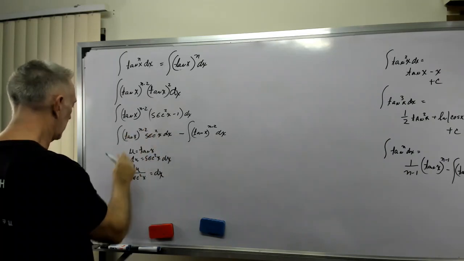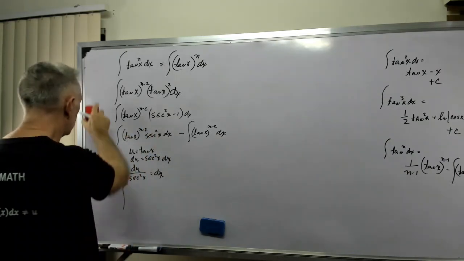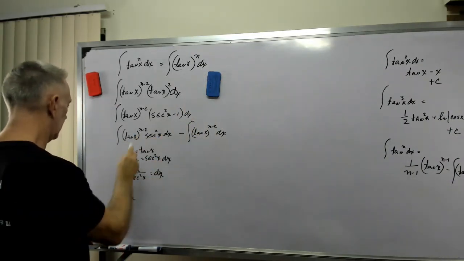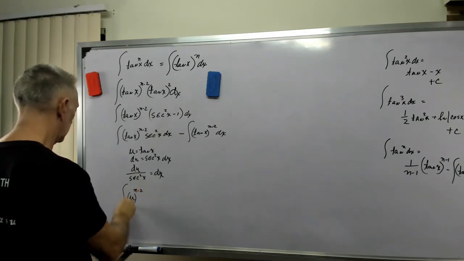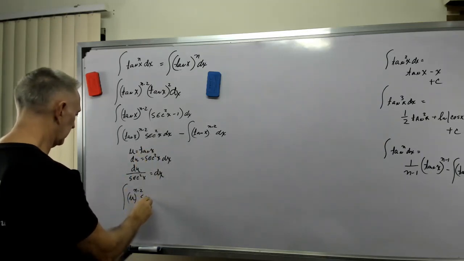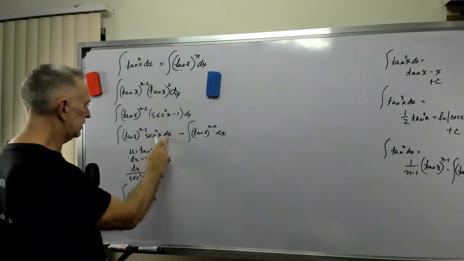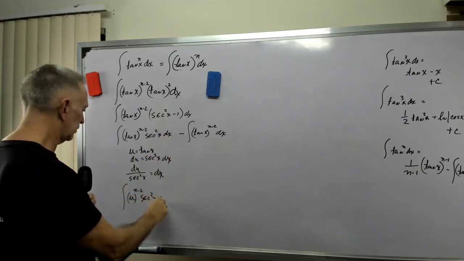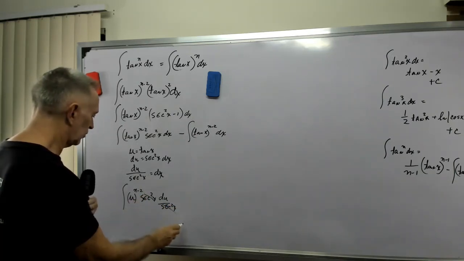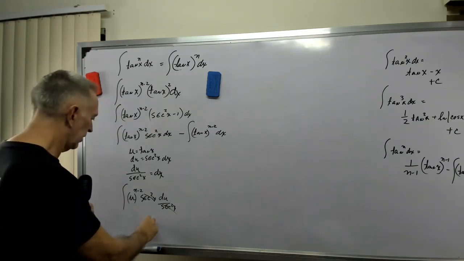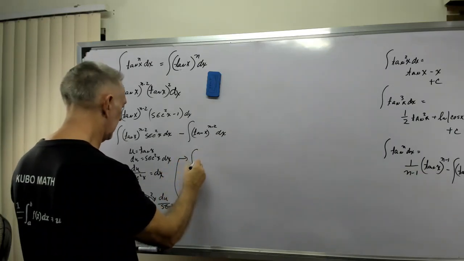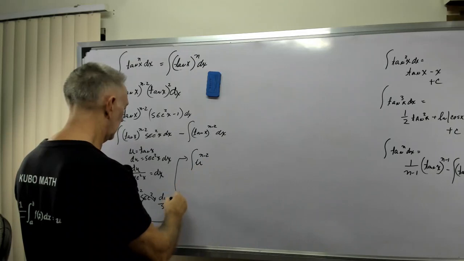So if we go back up to our integral here, now we would have the integral of u to the n minus 2, and we still have secant squared x, and then we're replacing dx with du over secant squared x. You'll notice the secant squared cancels, and we end up with the integral now of u to the n minus 2 du.